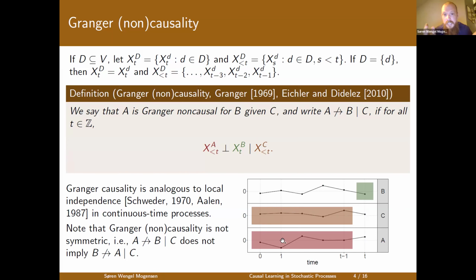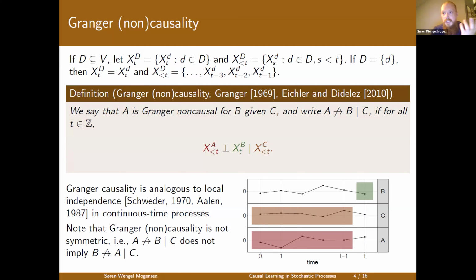And if that's not the case, which is formalized using this conditional independence, then I say that A is Granger causal for B given C. And as I mentioned before, this is analogous to conditional independence in continuous time processes.